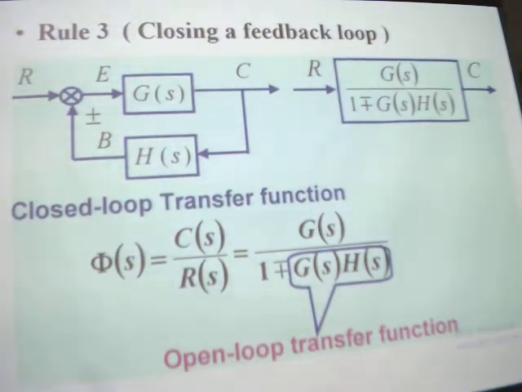The first one, any question? Is it the meaning of this summing junction? Yes, this is the summing junction. Here plus and minus means R plus or minus B equals E. These two are the inputs and this is the output.